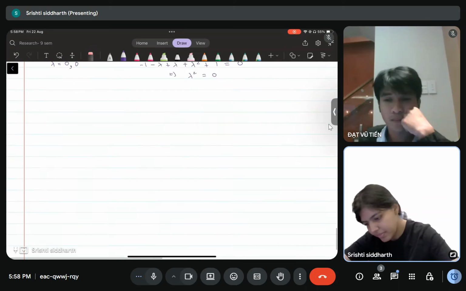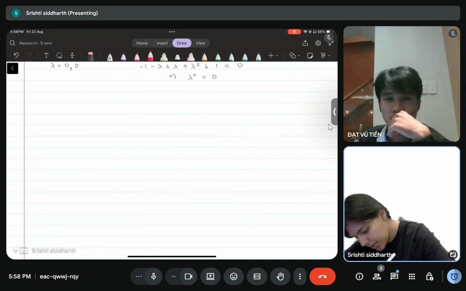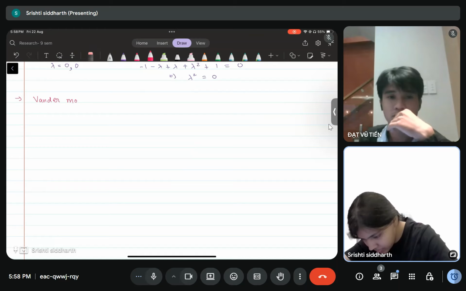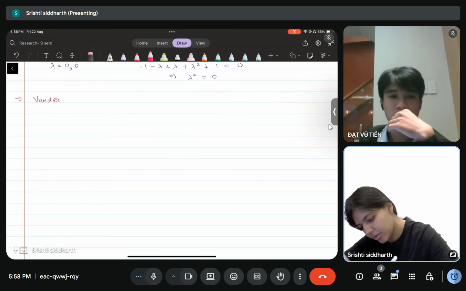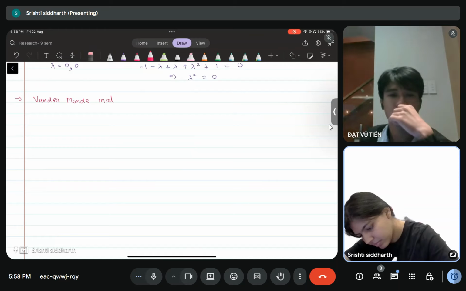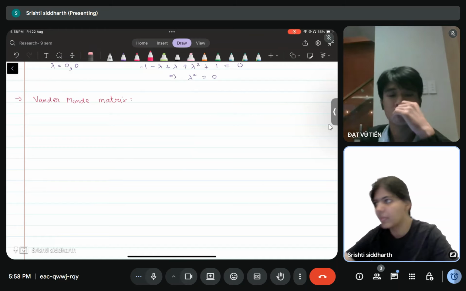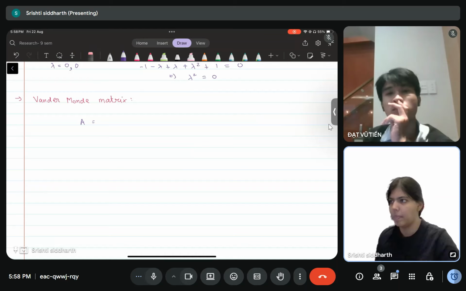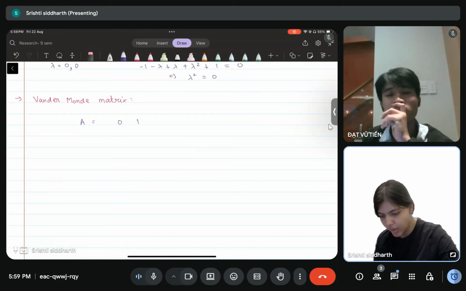Right. So let's look at another matrix, which is the Vandermonde matrix. So A is written as 0, 1, and then zeros.